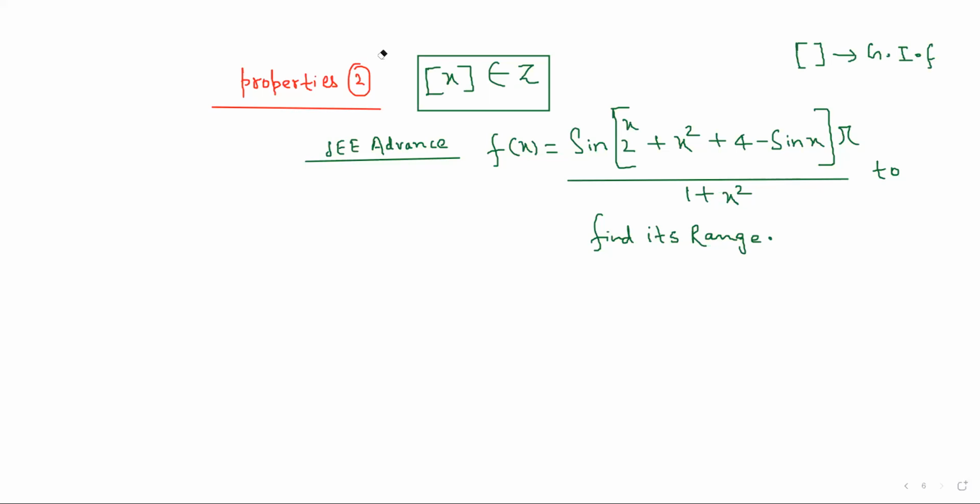So guys, the condition is that f(x) is equal to sin(2^x + x^2 + 4) minus sin x, and all of this is covered under the greatest integer function, into pi divided by 1 plus x^2. You have to calculate their range.